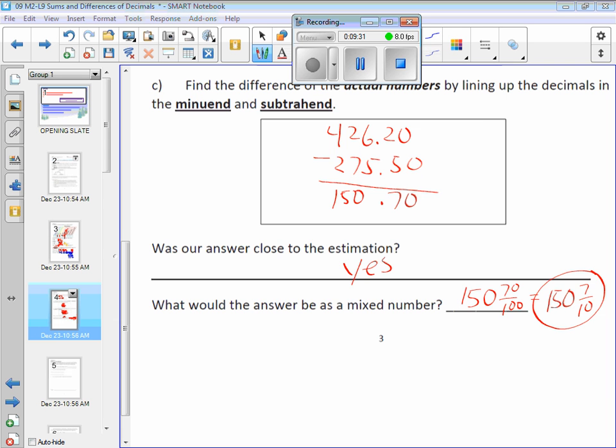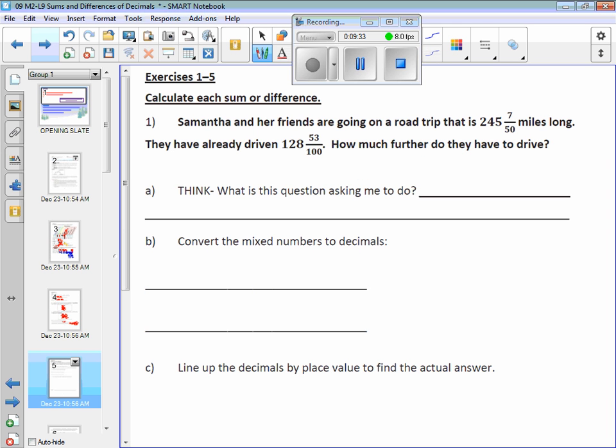Let's do one more together and then I'll put you in groups. You go to the next page, we'll do exercise 1 together. All right, so what do we need to do? Do you need to add or subtract? Jack. And that would be correct.